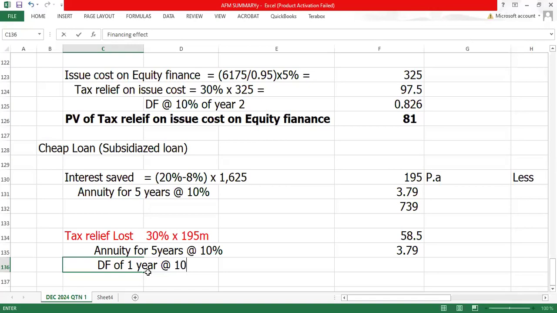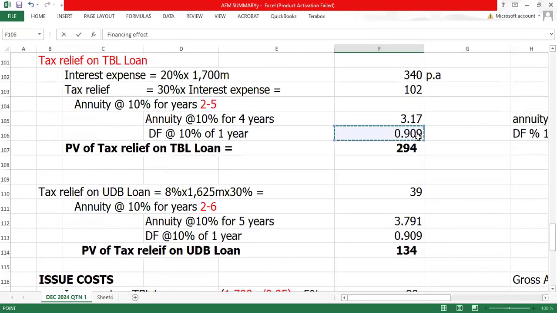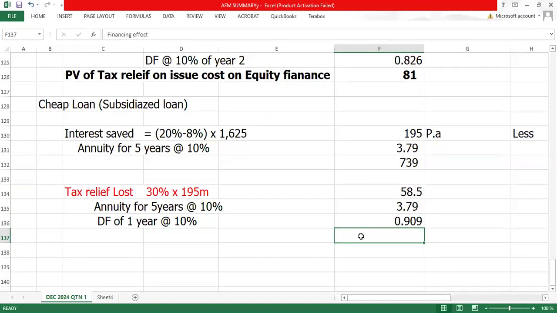At 10%. And this was what we were doing at the start. So here you multiply. You simply get this times this times this. So that's what I have.